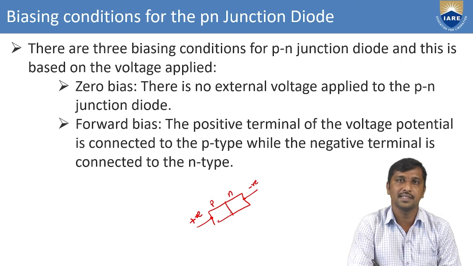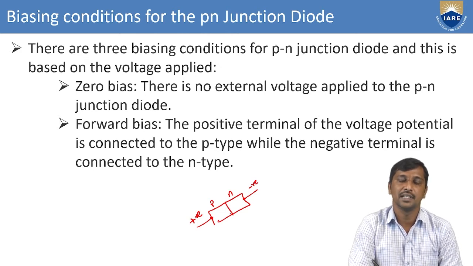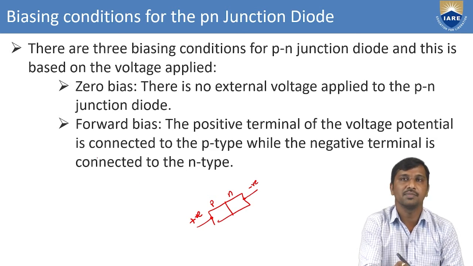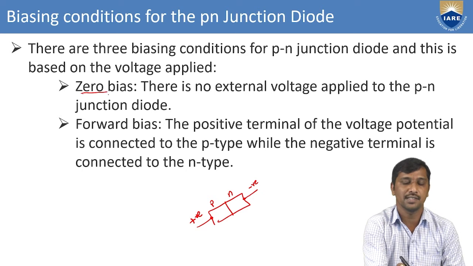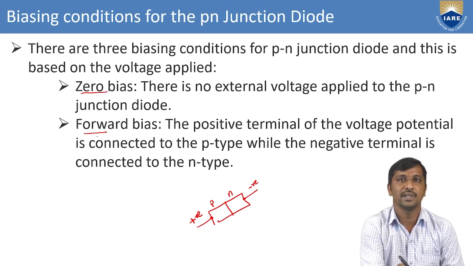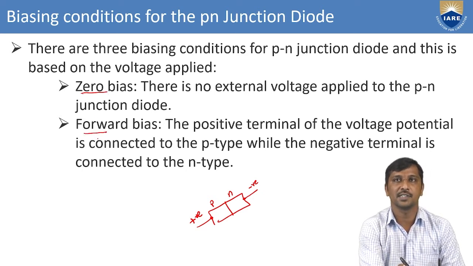So the need for biasing is to make conductivity in a PN junction. We need to apply some external force, either at the P side or N side, to further the movement of charge carriers and conduct the flow of charge in a PN junction. Based on biasing, there are three types of biasing concepts: zero bias, forward bias, and reverse bias.